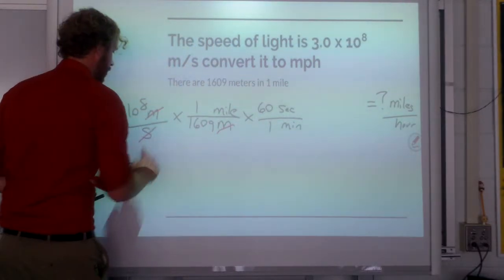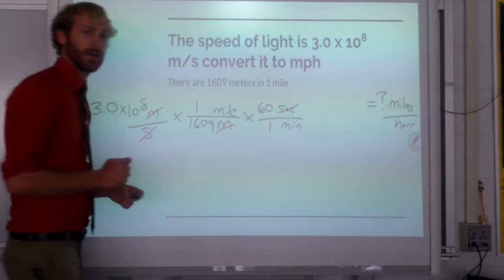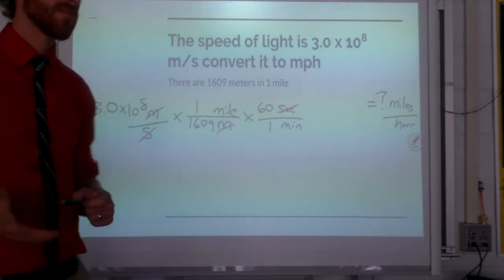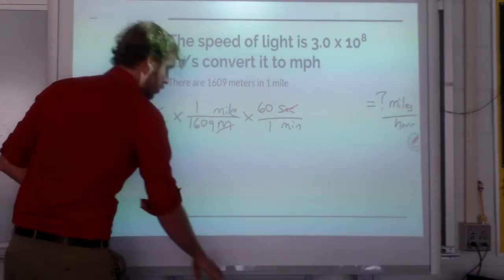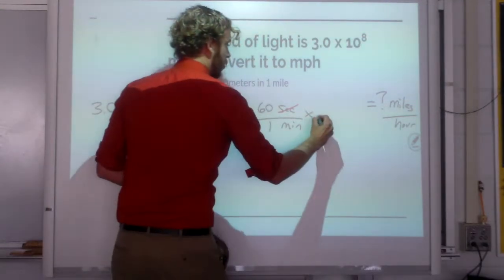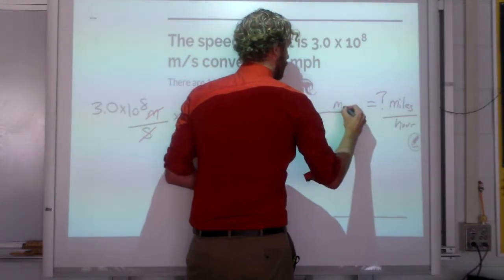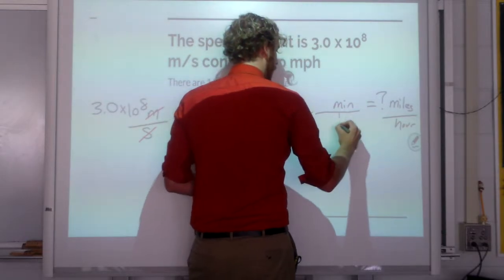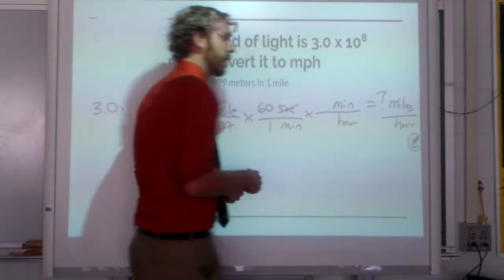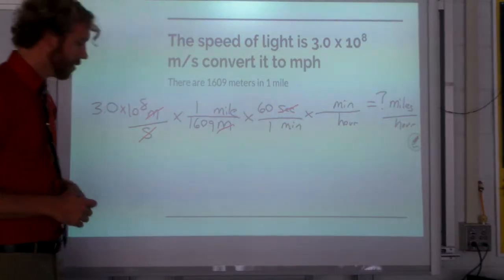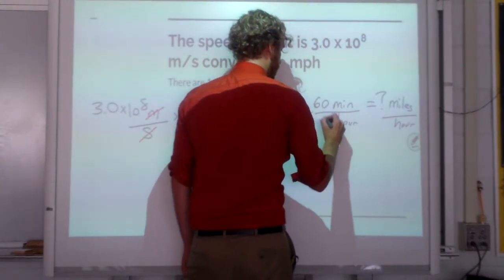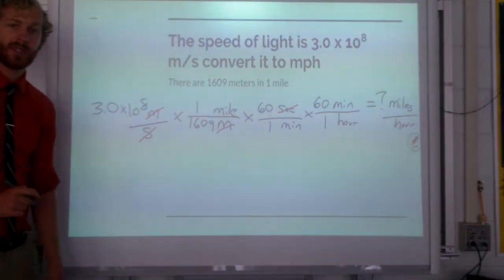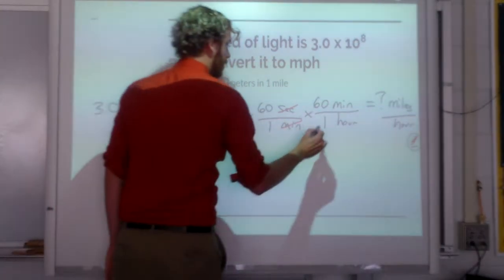This gets rid of our seconds unit. Now we have minutes. We're trying to go to hours, so we're still not done yet. We have one more step to do. We've got to get rid of minutes, so minutes goes on top this time, and hours goes on the bottom. Well, how many minutes are in an hour? 60. This lets us cancel our minutes.